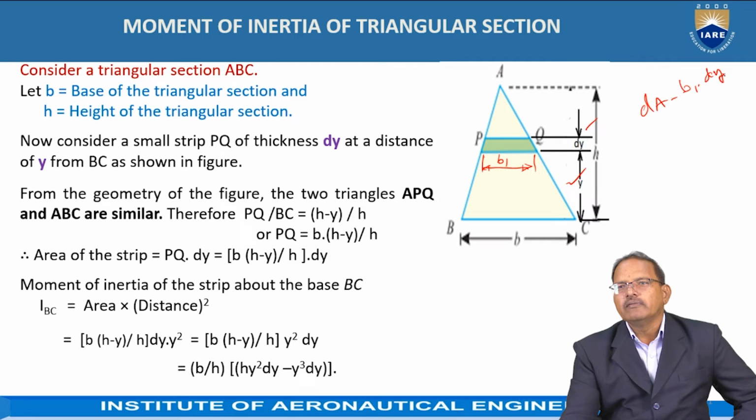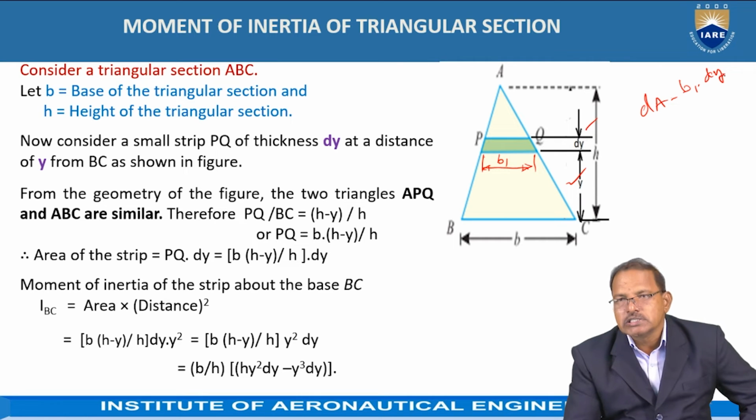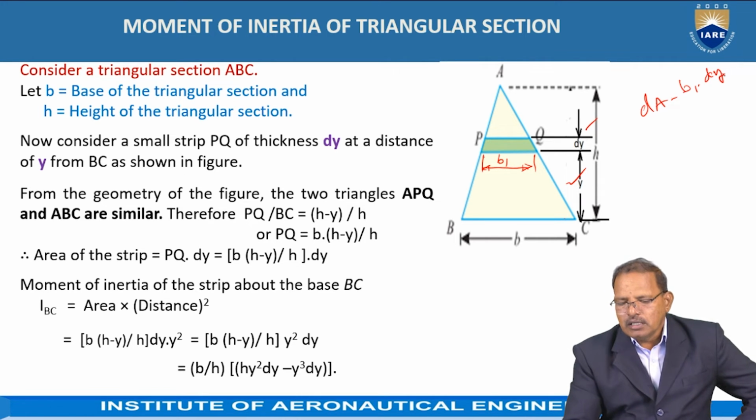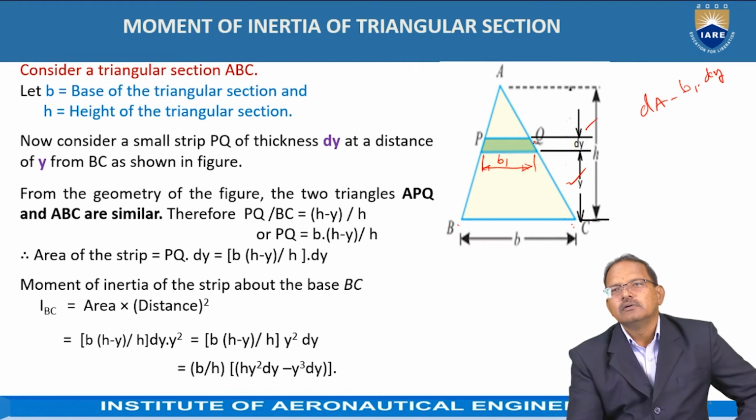In order to find the b1 value, that is the breadth of the strip, we consider the triangles ABC and APQ as similar triangles.